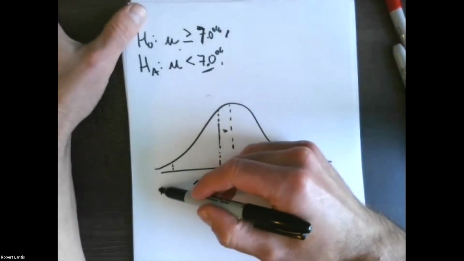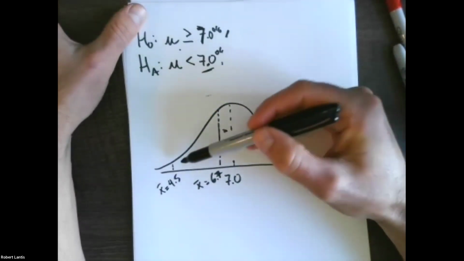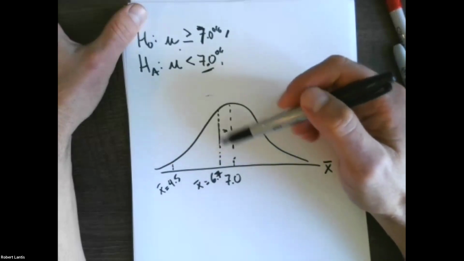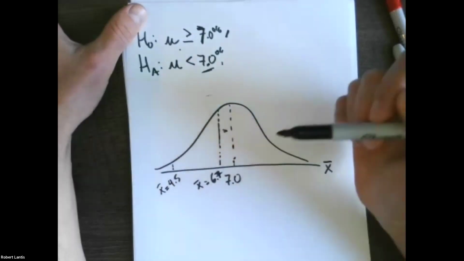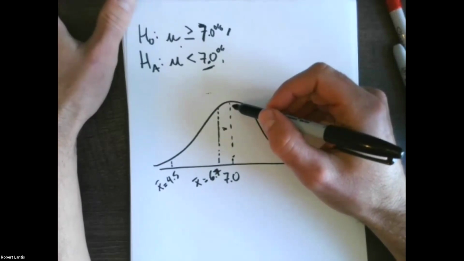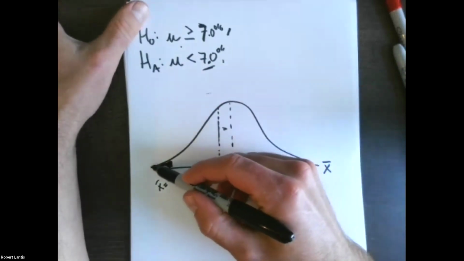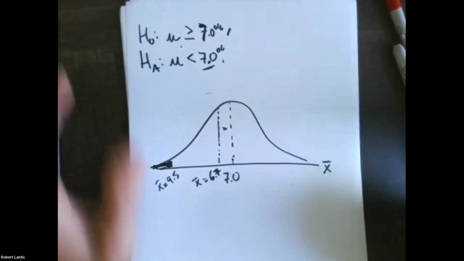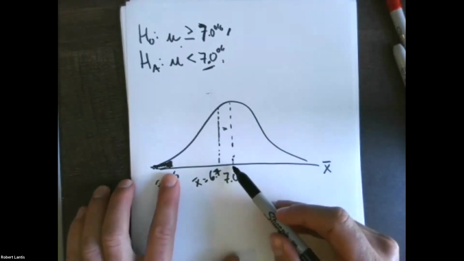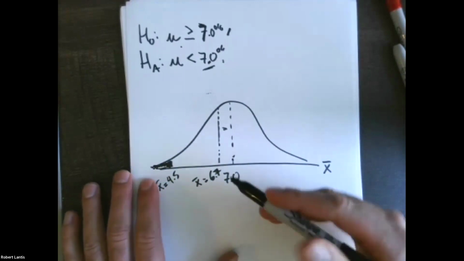Now, seeing a sample mean of 4.5, well, that's quite a bit further away from that value of 7.0. In fact, how unlikely was it to see 4.5? Well, if 7 was in fact the true population mean, the probability I saw 4.5 or anything more extreme, or another way of saying this is what's the likelihood I saw the sample mean that I did, or anything that is even further away from that assumed true value of 7%.